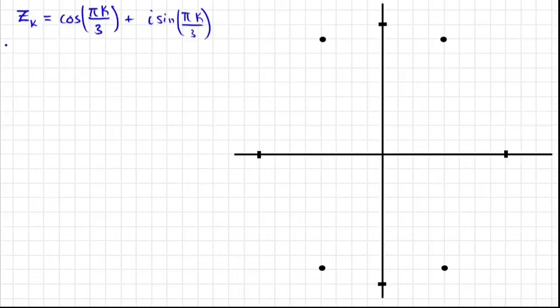When k is 0, what happens? If I replace k with 0, z_k will be equal to cos 0 plus i sine 0, and this is z subscript 0. This whole thing just gives us 1.